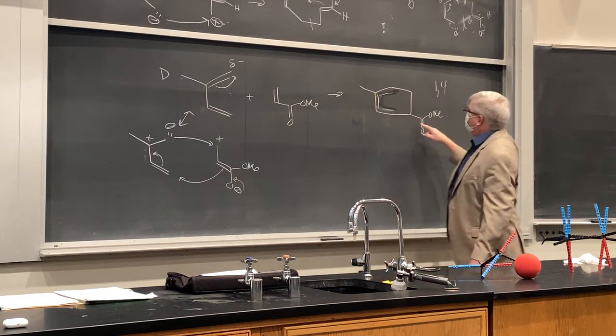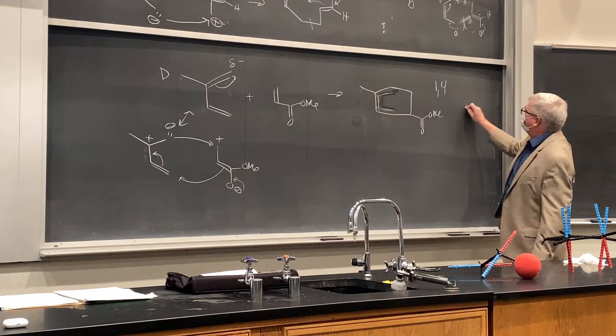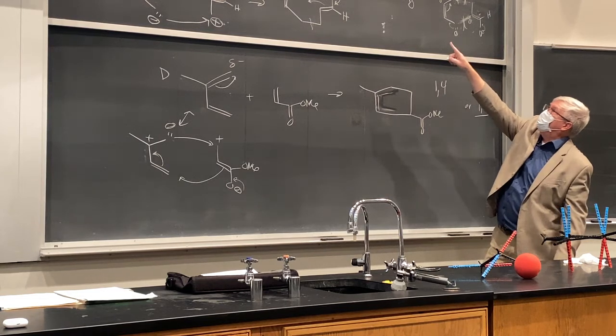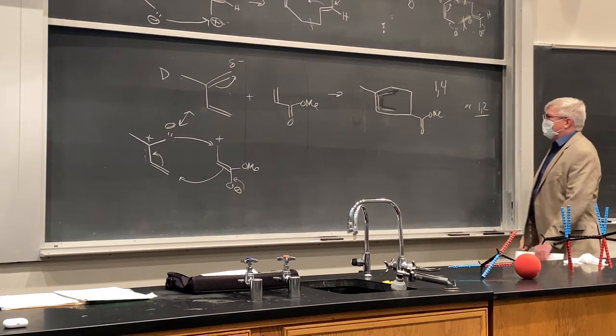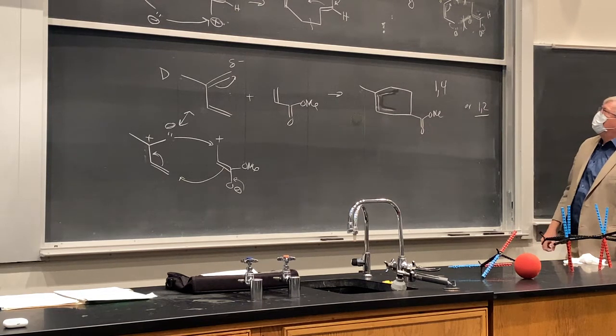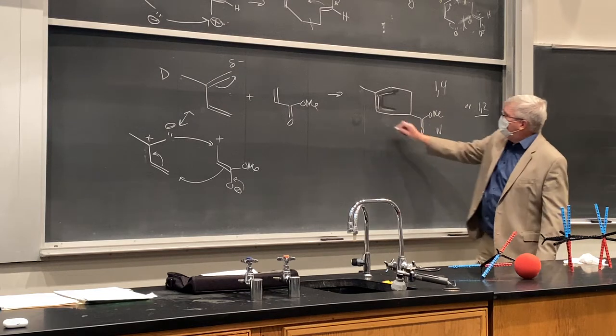So you see the donor and the withdrawer either end up 1,4 or 1,2. And that's the example up here where the donor is at the 1 position. So those are the favored ones, 1,4 and 1,3 for the relative position of a withdrawer with a donor.